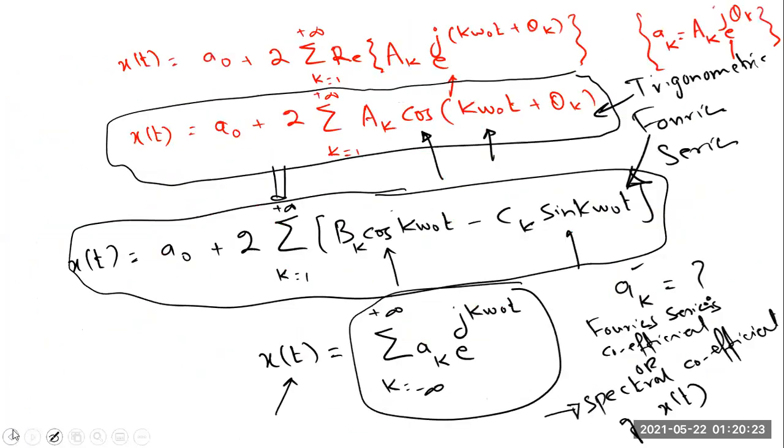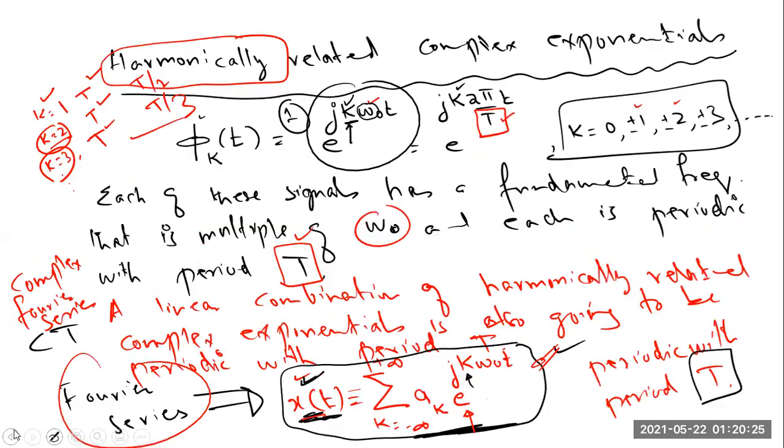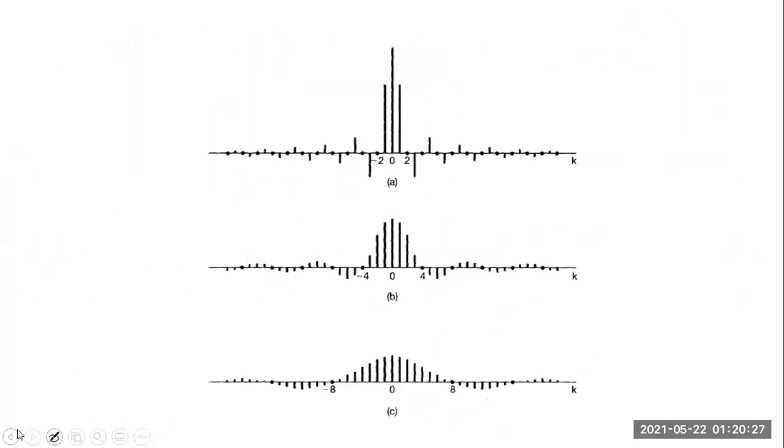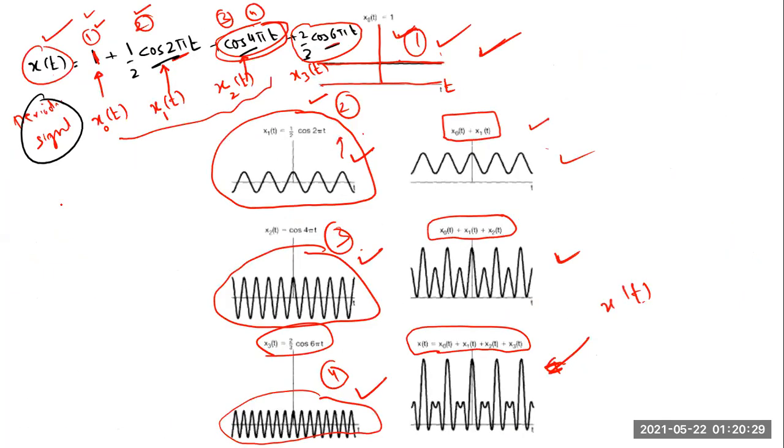So again, if I go back to the one example that I solved, this one. If you look at this signal, this is our original periodic signal. This signal is made up of different frequency components. As you can clearly see, it consists of this constant component, which was the DC component.